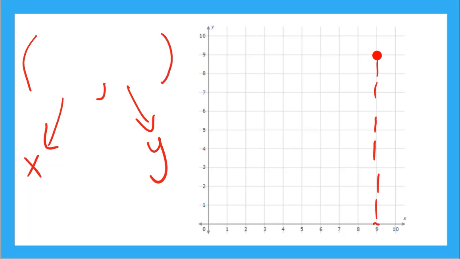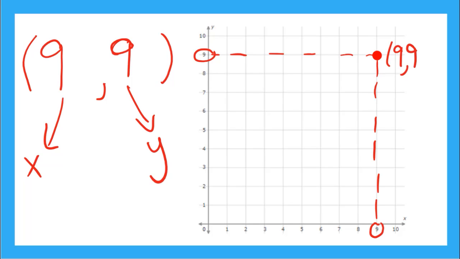Let's go down and find it. It falls right in line with x-coordinate 9. And to find my y-coordinate, I have to trace over here to my y-axis, and it also falls on coordinate 9. So I can go ahead and label my point with my ordered pair, 9, 9.